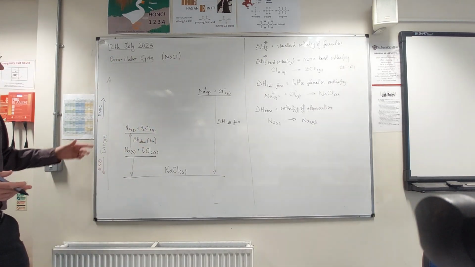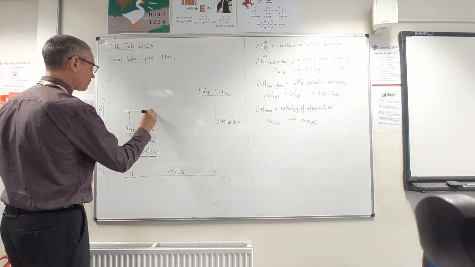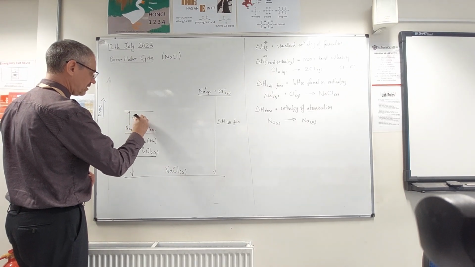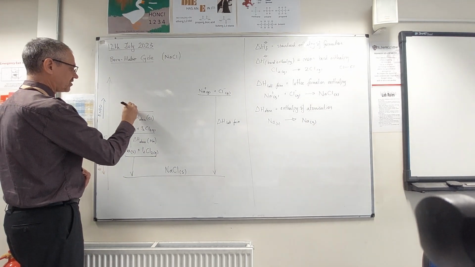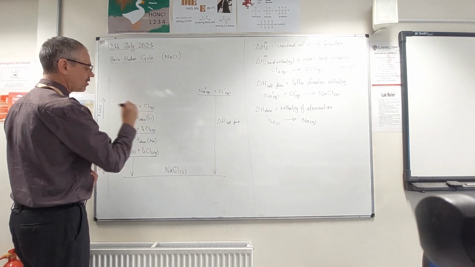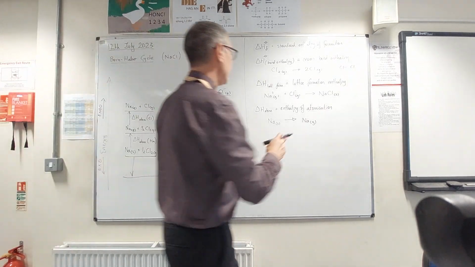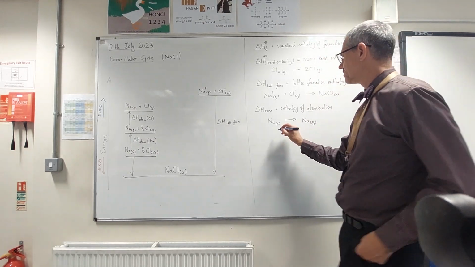But let's do the chlorine now. So if I was to atomize chlorine, then I'd have sodium vapor, sodium atoms, and I've now got 1 mole of chlorine atoms there. So enthalpy of atomization, remember, produces 1 mole of atoms.